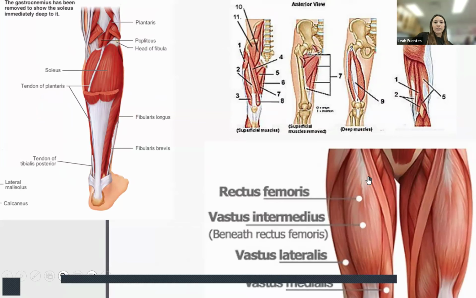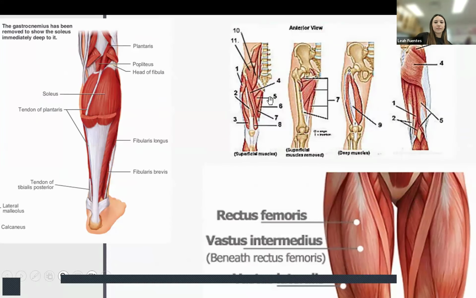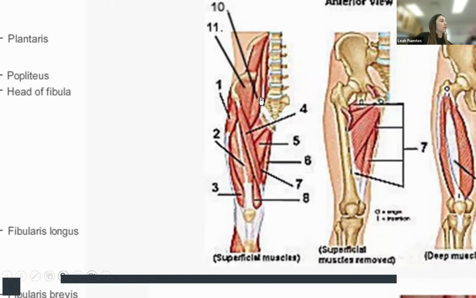Okay, and then looking anteriorly, we have our sacrum here with our vertebrae, so this is one half of our pelvis. Number 10, can we see what this is trying to point at?